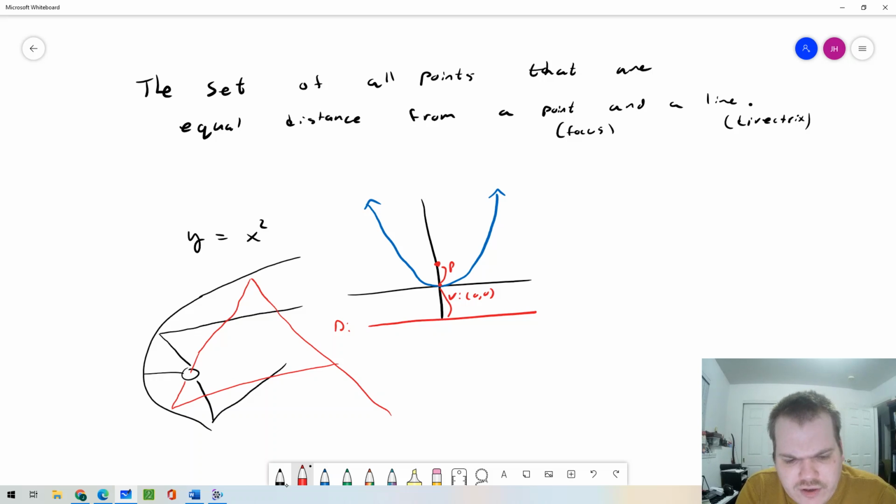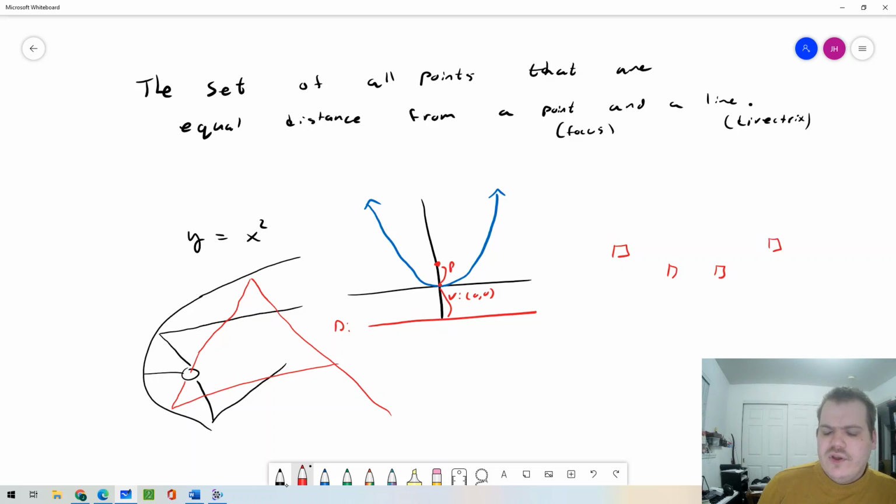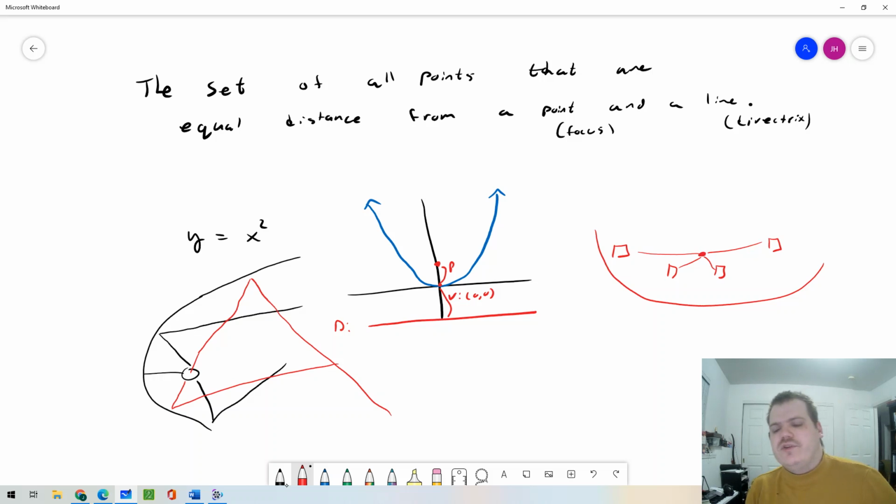Also, if you think about the sound system in a movie theater, where do they put the speakers? Generally, they put the speakers on the side and in the aisle. So they would look something like this. And why do they do that? Well, if you think about the movie theater as a parabola, all of these speakers are playing right into that focal point, which then resound around the movie theater.